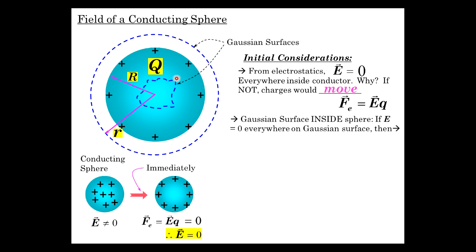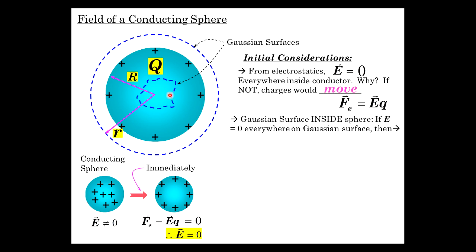Now we're going to put another Gaussian surface of a random shape contained inside this solid conducting sphere. These are both Gaussian surfaces. We can put these things anywhere we want. And if somebody tells you you can't put it there, you can tell them, oh yes I can, just watch me.